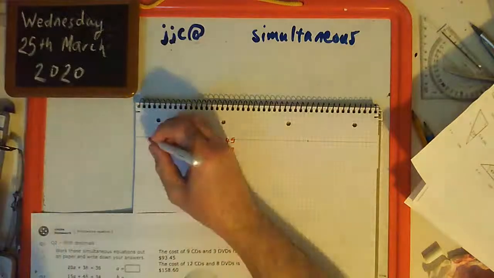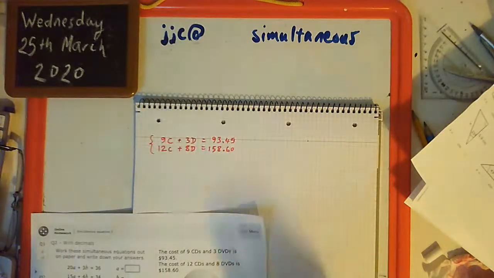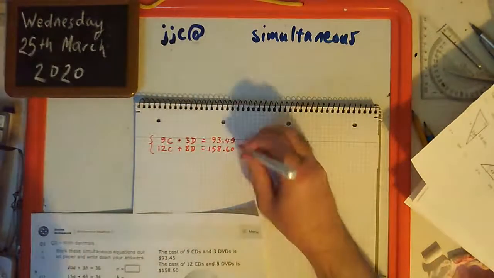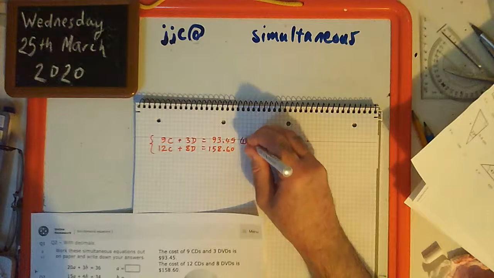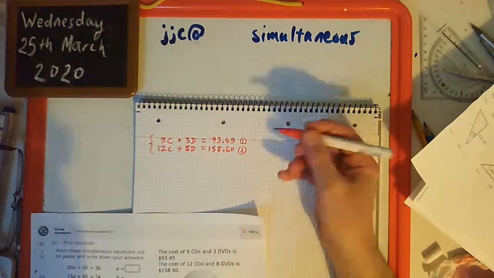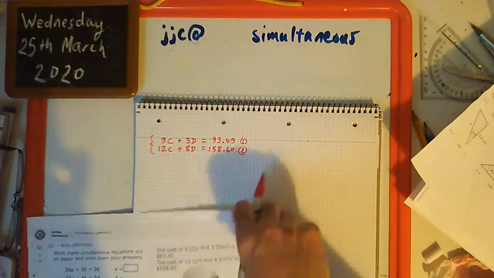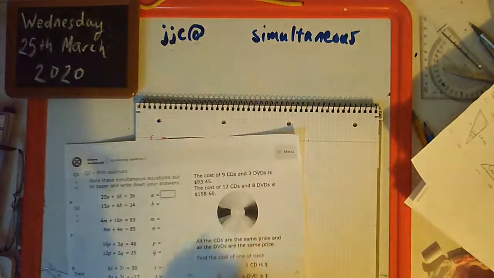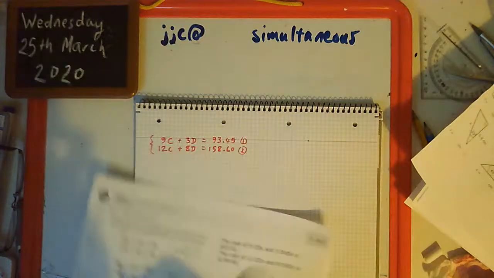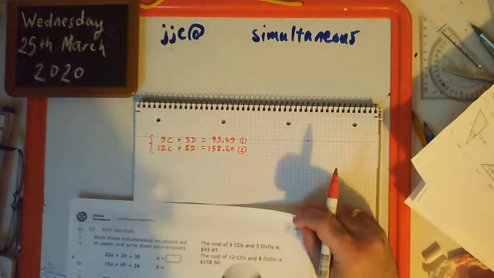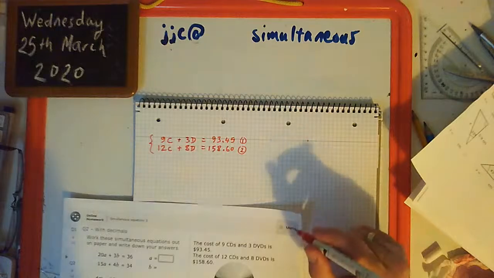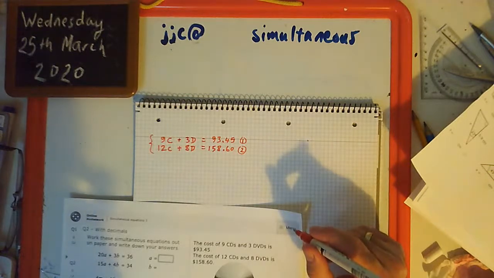So you can see it's given us 2 equations in 2 unknown things. So we are talking about simultaneous equations, and it's sort of messy because it's a real life problem with amounts of money. All the CDs are the same price and all the DVDs are the same price. Okay, I had assumed that, but that's not necessarily something I've got a right to assume.